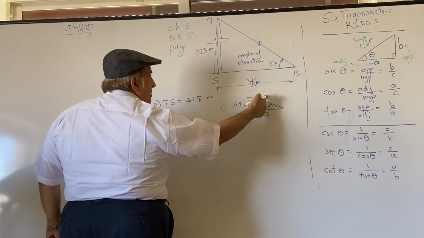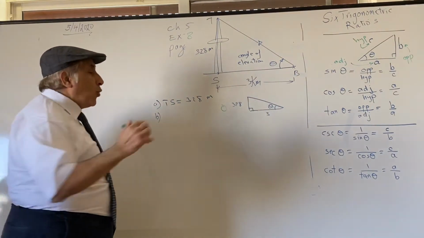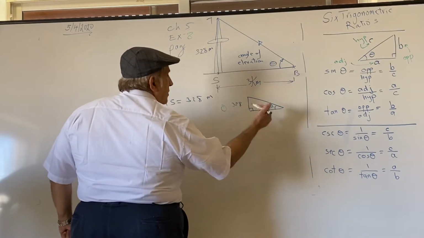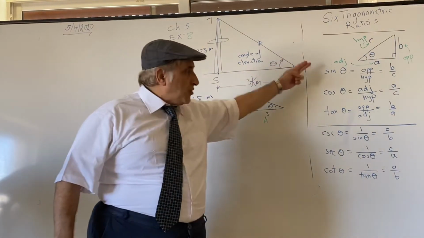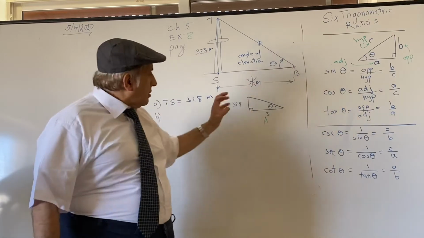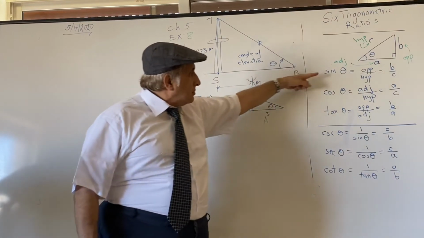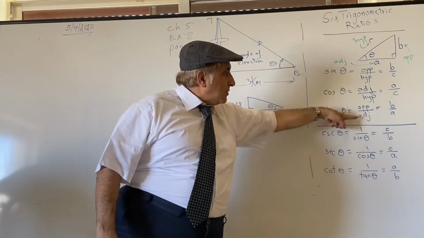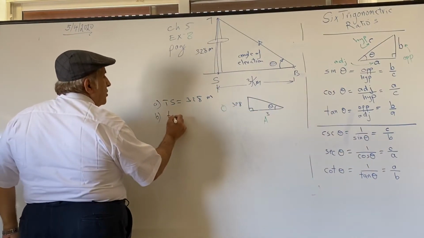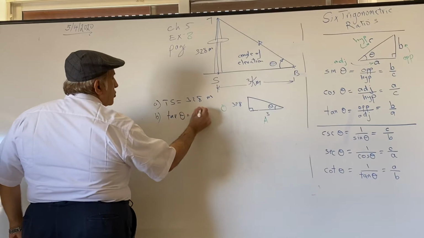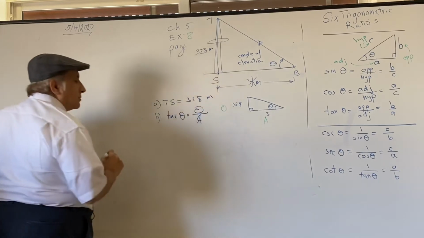This side is the hypotenuse, I don't need it, I don't write it. What's left? This side is called the adjacent. Which of these basic trig ratios connects opposite to adjacent? Opposite over adjacent. So I'm going to use tangent of theta, which is opposite over adjacent.